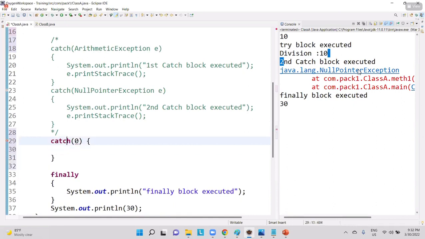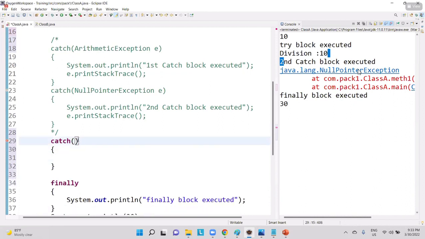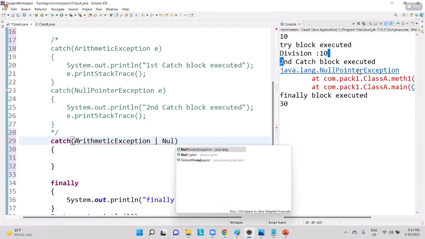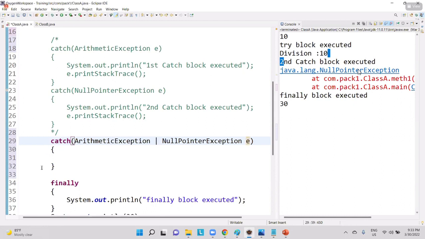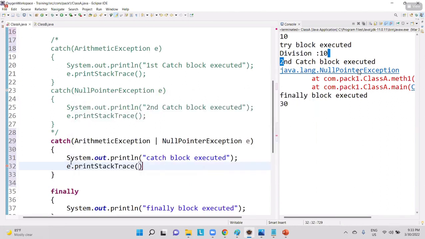Catch, now here, arithmetic exception or null pointer exception. And here simply I'm trying to write system.out.println catch block executed, and I just want to print e.printStackTrace method like this.